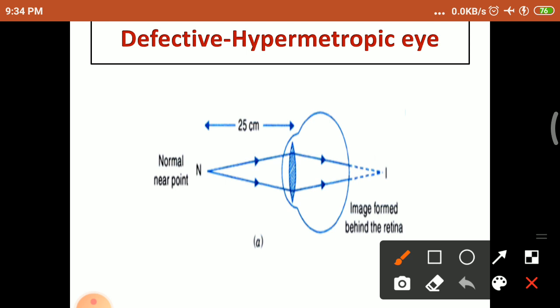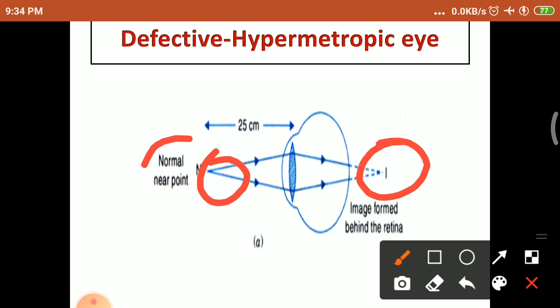When the object is placed near to the eye, the image is formed behind the retina, so the hypermetropic person cannot see the nearby object clearly. You have to write normal near point N here, then I means the image formed behind the retina. So write: image formed behind the retina.